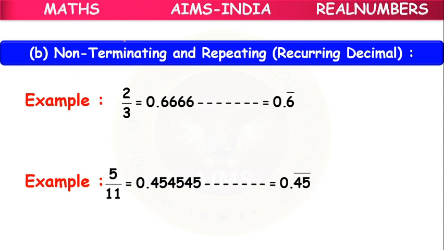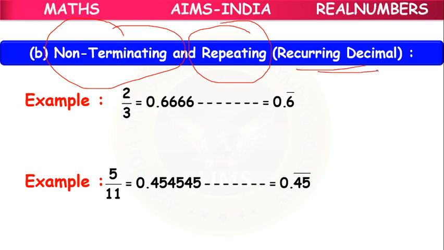But non-terminating and repeating decimals will have infinitely many decimal places. Such an infinite decimal is termed a recurring decimal. Suppose we have 2 by 3.